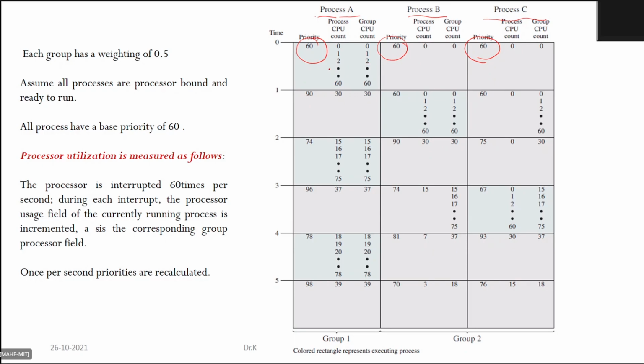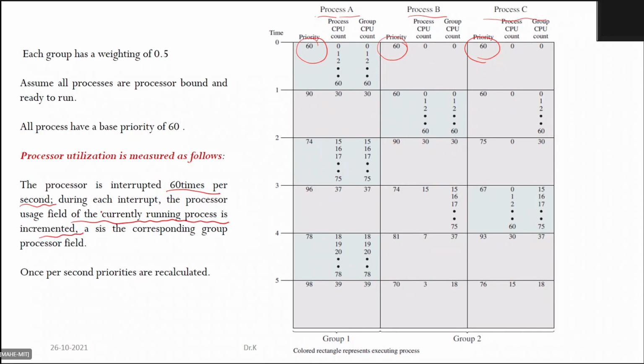So you compute the processor utilization. The processor utilization is measured as follows: the processor is interrupted 60 times per second. You keep interrupting, and during each interrupt, the processor usage field of the current running process is incremented.